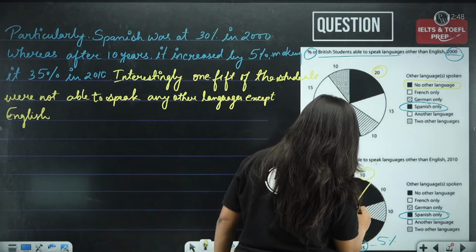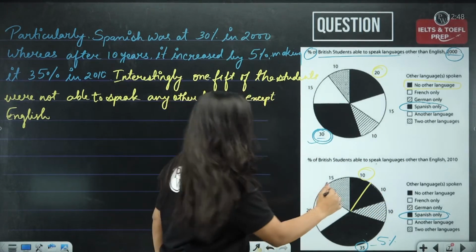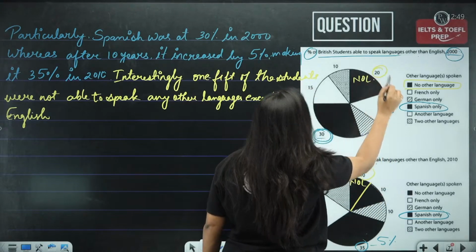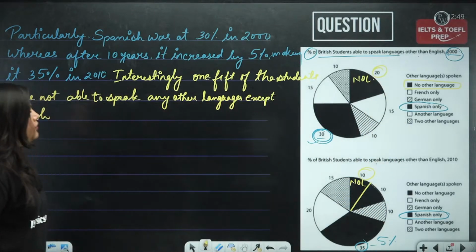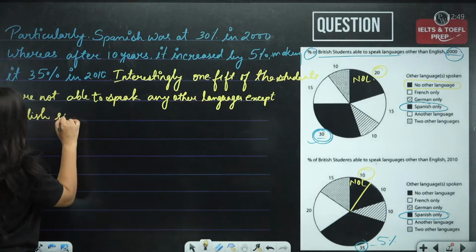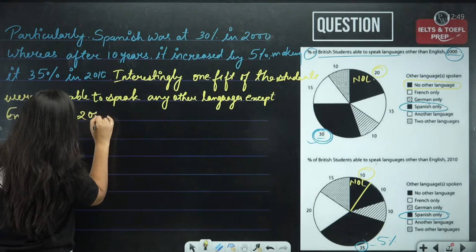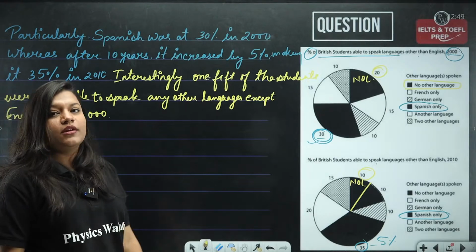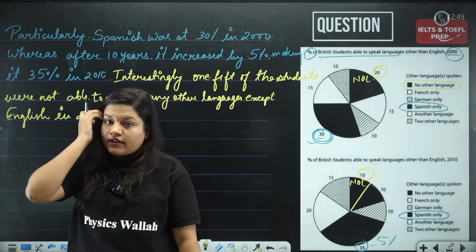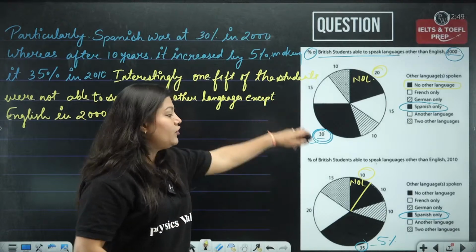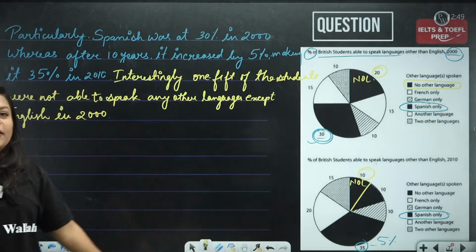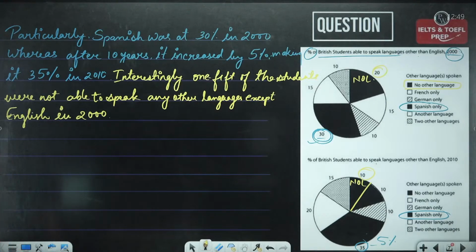And here it is 10%. Okay, let me just write it. Right? In 2000. Got it? Make sure you mention year properly, year percentage mention करिए, so that you know clarity बनी रहे, because we have two data together, right? So it's really very important for you to mention the year properly. ठीक है? Now let's move ahead. Clear है इतना?